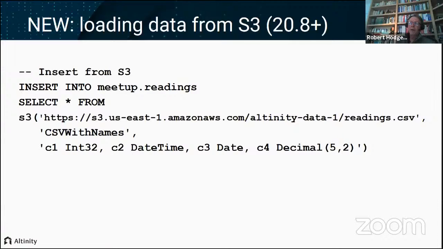The cool thing about S3, as well as the files, is they will take wildcards. What that means is, if you had, say, 100 of these files, you could read them, and there's a setting that allows you to parallelize them. This is a really good way of loading a lot of data fast. So if you're coming off Snowflake, what you could do is dump it to S3, in whatever format Snowflake dumps it in, and then read it back out like this.